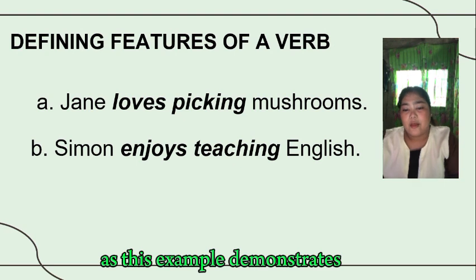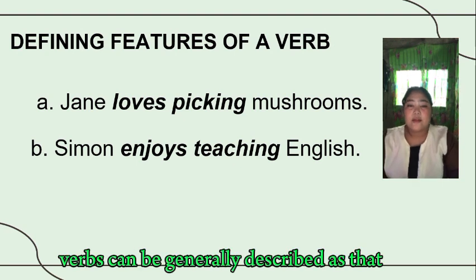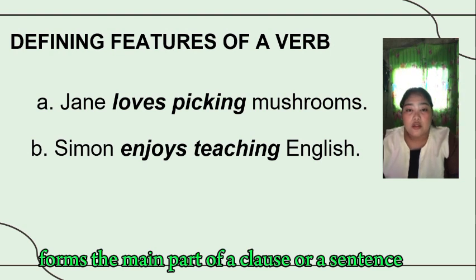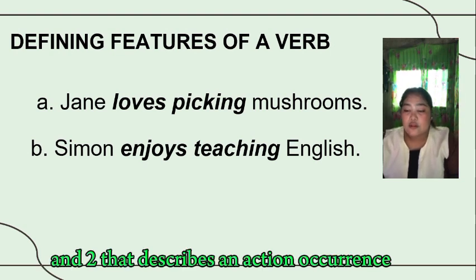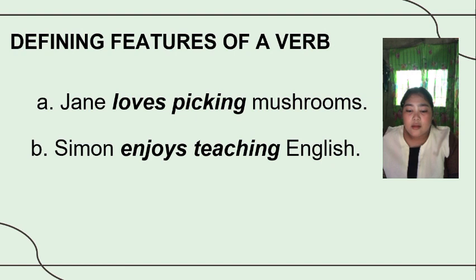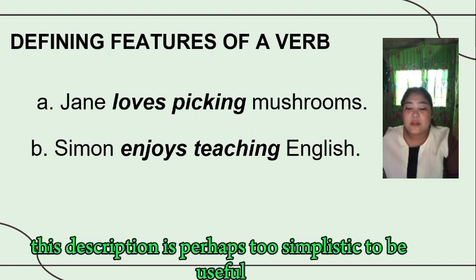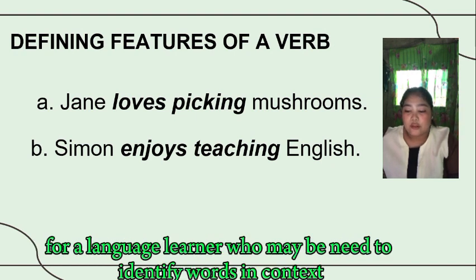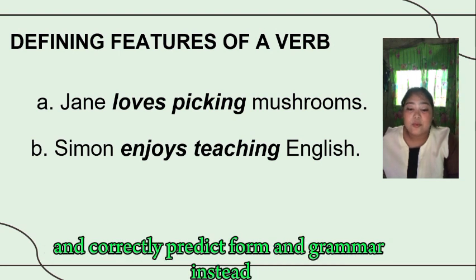As this example demonstrates, verbs can be generally described as one, that forms the main part of a clause or a sentence, and two, that describes an action, occurrence, or state of being. While accurate enough, this description is perhaps too simplistic to be useful for a language learner who may need to identify words in context and correctly predict form and grammar.